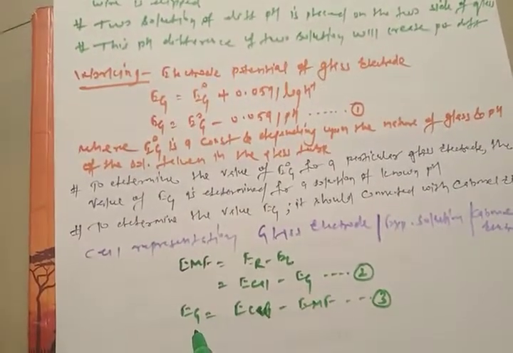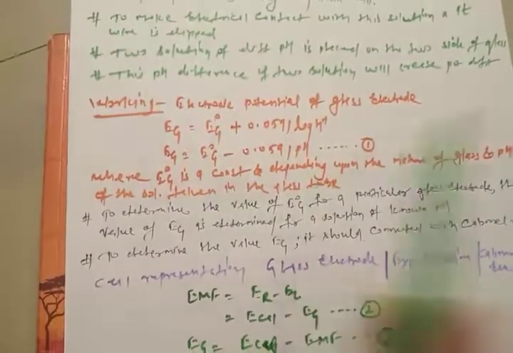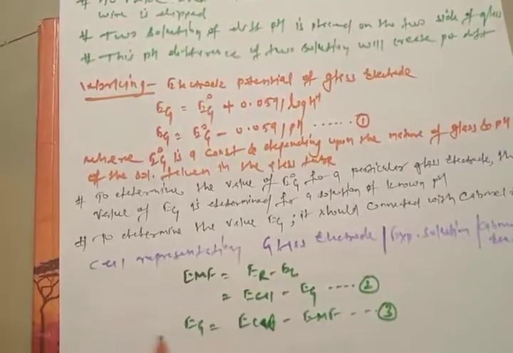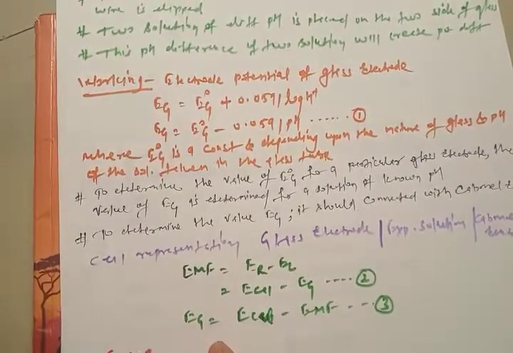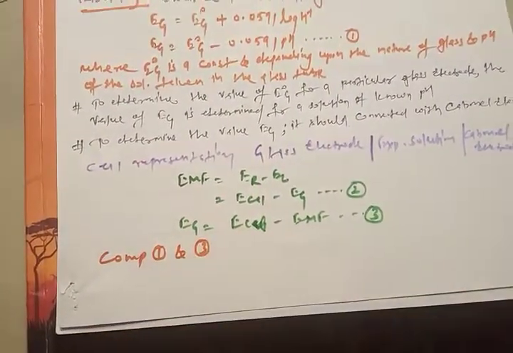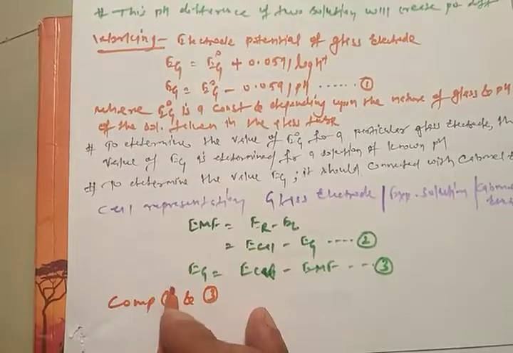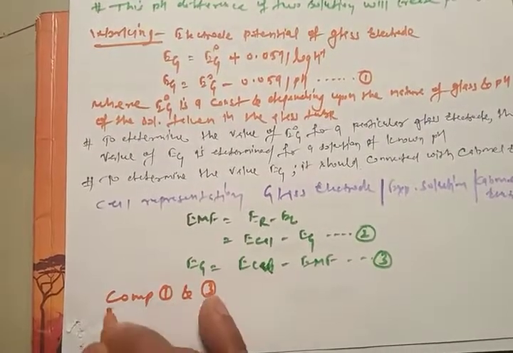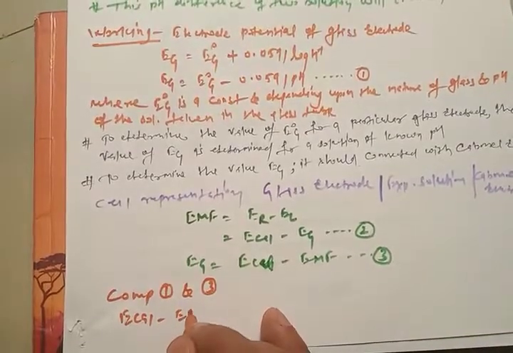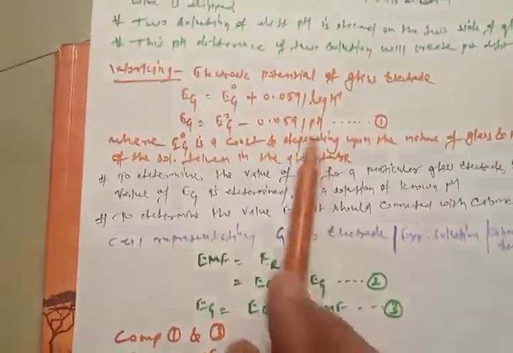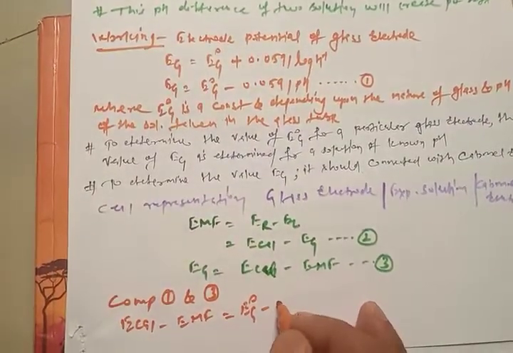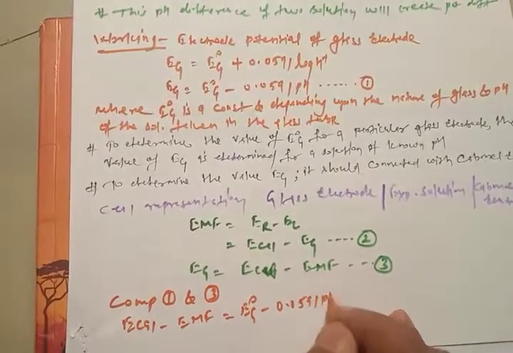So now we have EG in the third equation and EG in the first equation, so we compare these two. Comparing the first and third equation, this will give you E calomel minus EMF equals E naught G minus 0.0591 pH.